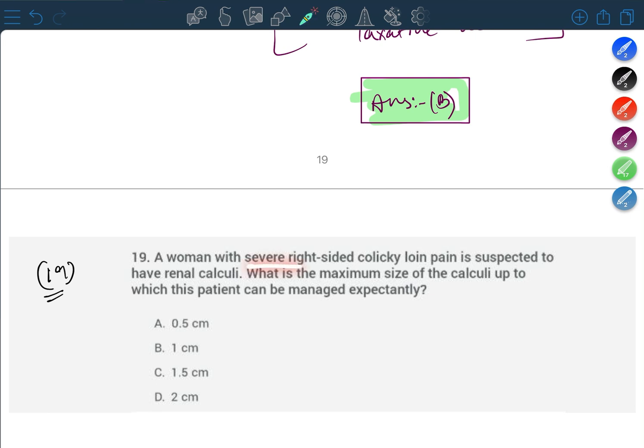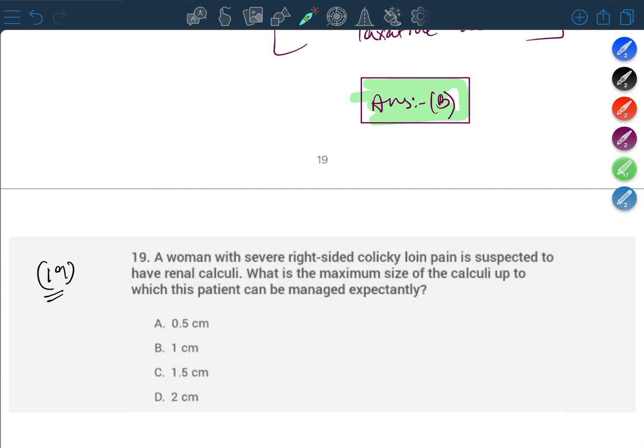A woman with severe right-sided colicky loin pain is suspected to have renal calculi. What is the maximum size of calculi up to which the patient can be managed conservatively? Pause and answer. Done. Up to which size can it be managed on medicines, without the need of surgery?